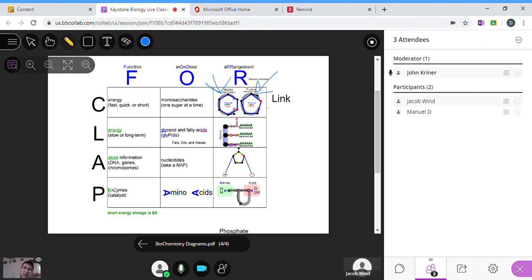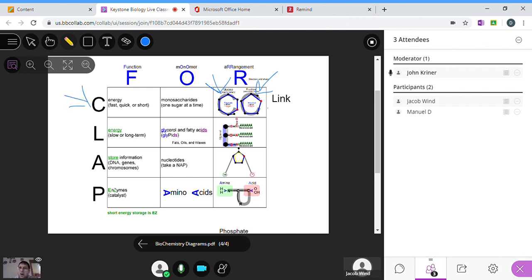So you're going to add small repeating subunits, monomers, such as glucose and fructose together. And you're going to add a bunch of them, sometimes thousands of them together to form these large carbohydrate molecules.